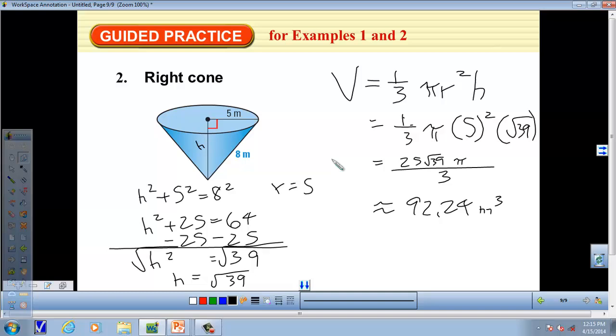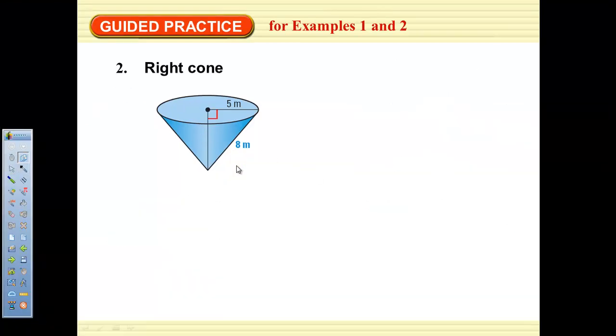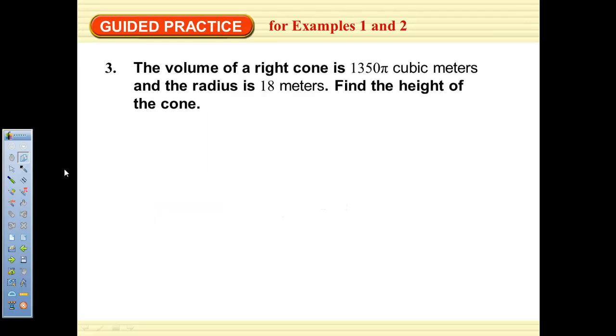Oh, that's part of the problem. 25 times rad 39 equals, times pi equals, divided by 3. I don't know where I went wrong before. Sorry about that. Sometimes you make those mistakes. We get 163.49. I apologize for the mistake there. Cubic meters, 163.49. And here's the last one.